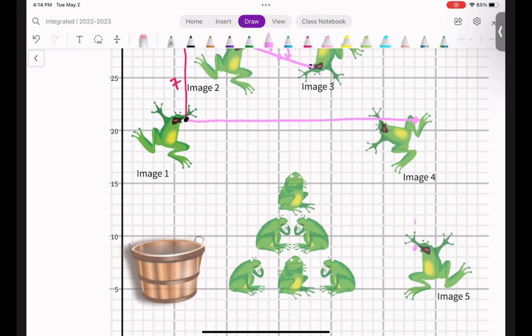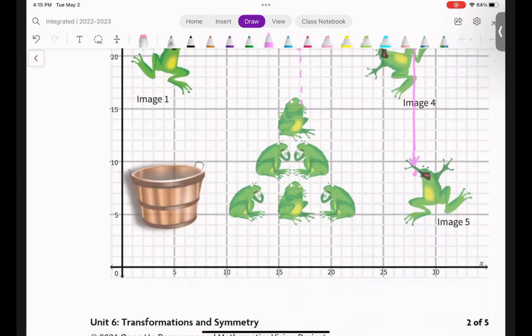So I think I counted 20, wait, let's see, 5, 10, 15, 22. So I got 22, so it's going to be 11. So 4, 9, 10, 11. So this line, I'm going to reflect across this line, so then he lands here, right? And then I'm going to translate him down that many steps. So this line is 17.